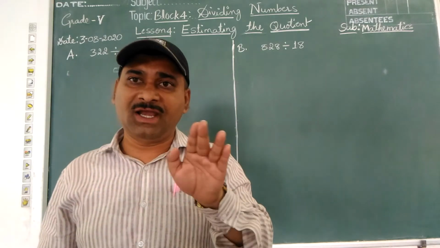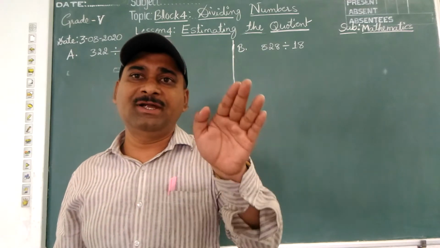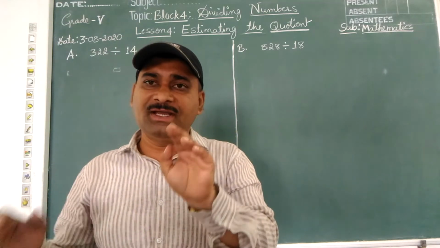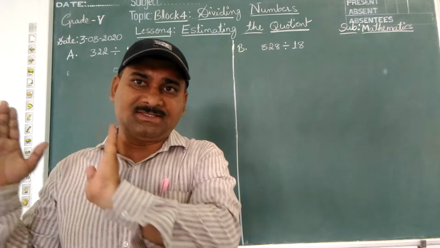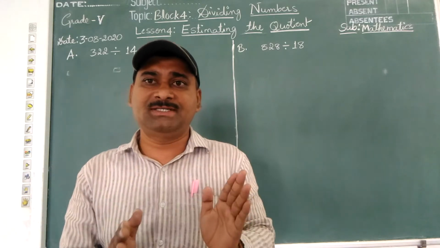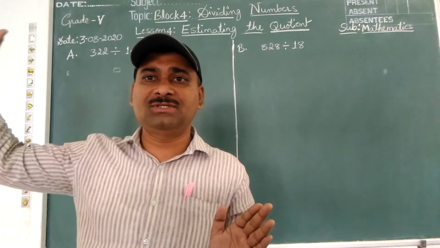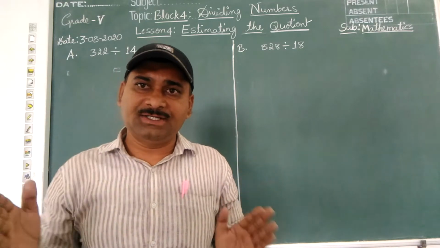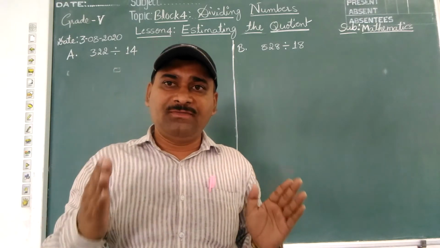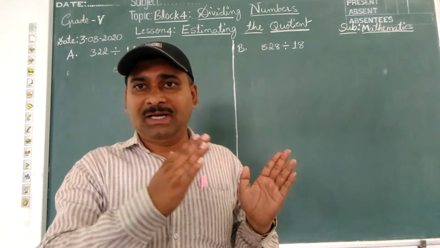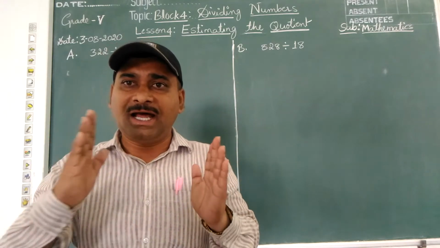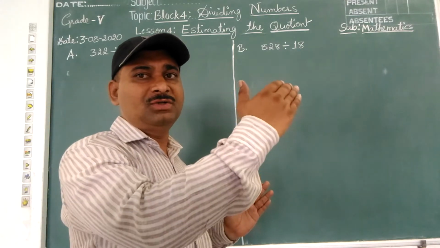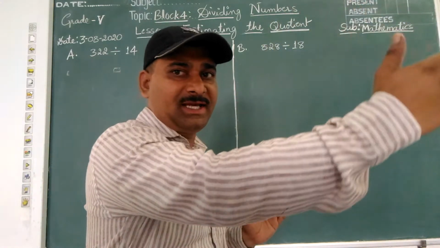In multiplication, we estimate the numbers to the highest place. If a number has 3 digits, we estimate to the 100s place. If it has 2 digits, to the 10s place. If it has 4 digits, to the 1000s place. If a number is given in multiplication or division and you are asked to estimate, round off the number to the highest place.